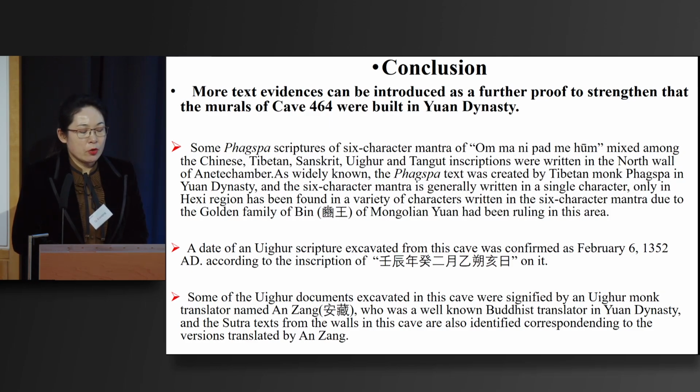As widely known, the Phags-pa script was created by the Tibetan monk Phags-pa in the Yuan Dynasty, and the six-character mantra is generally written in a single script.